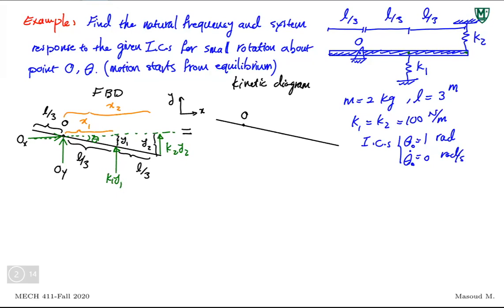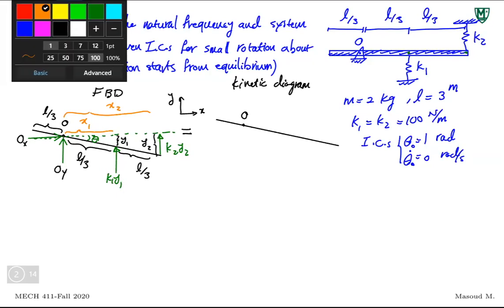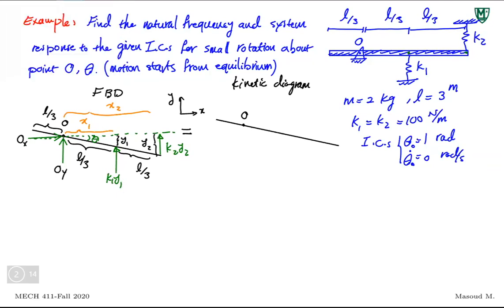For y1, if you look at this triangle here, let me draw it here. This is point O, so this triangle there. I know this is L over 3. This is y1, this is x1, and this is theta, and this is point O. So looking at this right triangle, what's the definition of sine theta?